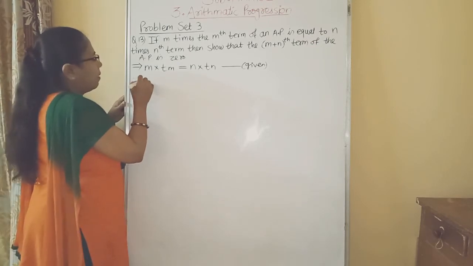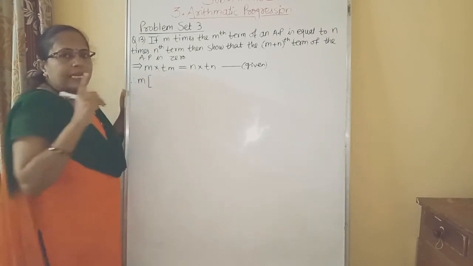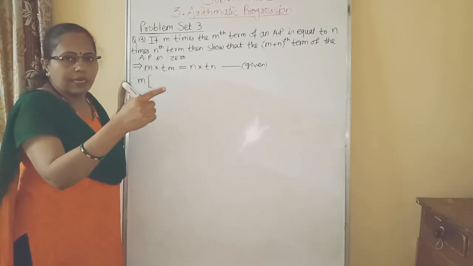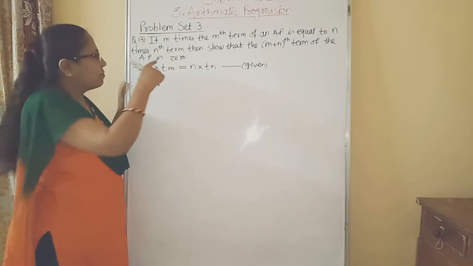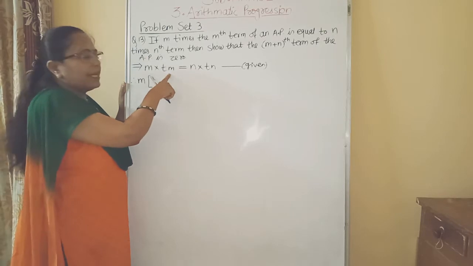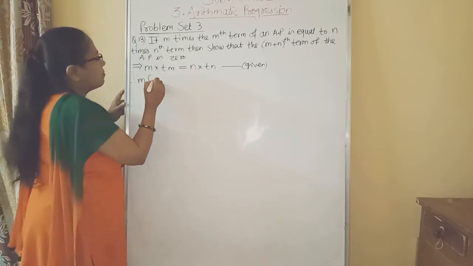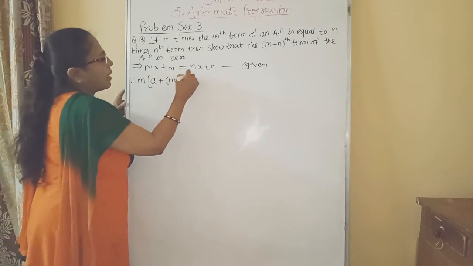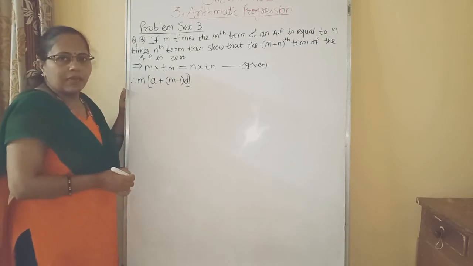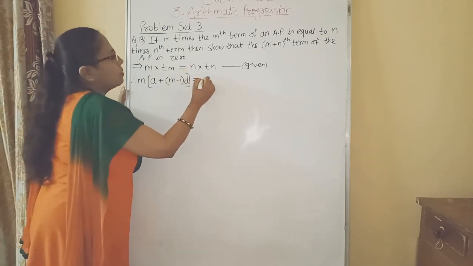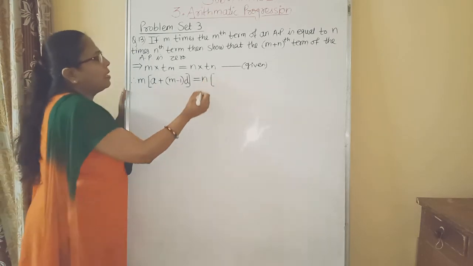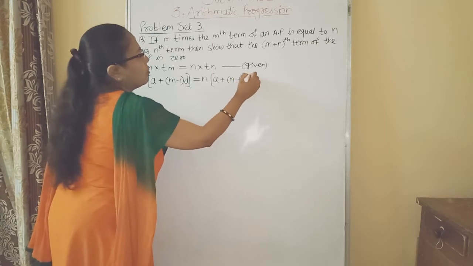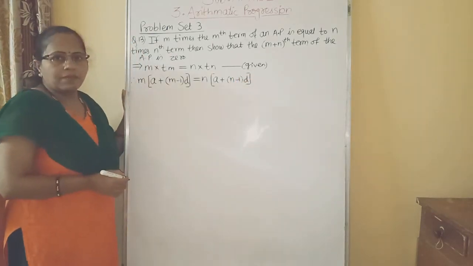Therefore m into bracket, Tn is equal to a plus bracket n minus 1 into d. So instead of n, we have to put m to write the mth term. So here we will write a plus bracket m minus 1 bracket close into d, equal to n into bracket a plus bracket n minus 1 into d, close the bracket.